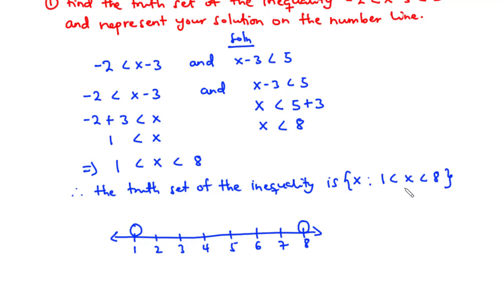Because we have less than, we are going to represent that with open circles. So let's join the two circles. Now what this primarily means is that our truth set is found between the two numbers 1 and then 8. So we have x is such that 1 is less than x is less than 8.